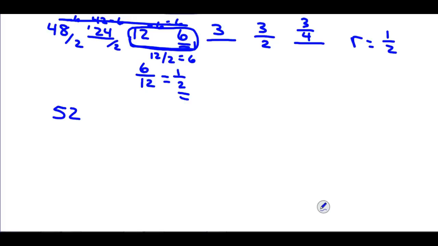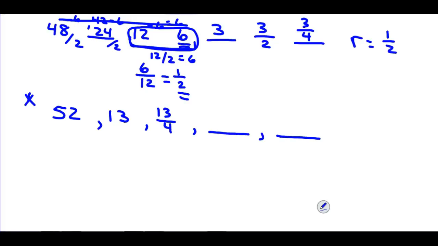And then the next number is going to be 13. I'm going to give you a third number because they usually do that. So we'll do 13 over 4. And the next two numbers are blank.